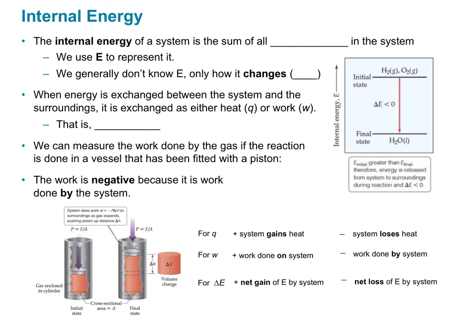When we think about energy in general, the internal energy of the system is the sum of all of the kinetic energy, KE, and potential energy, PE. Kinetic energy is associated with movement and vibrations, and it also involves heat. Potential energy is stored energy.